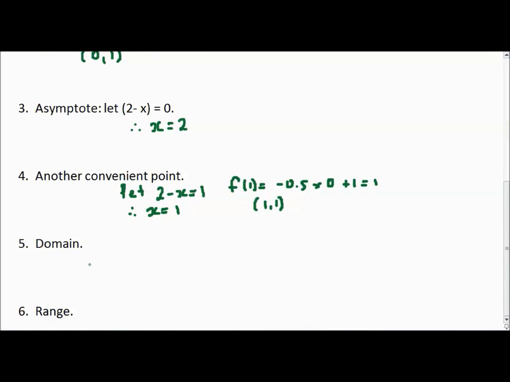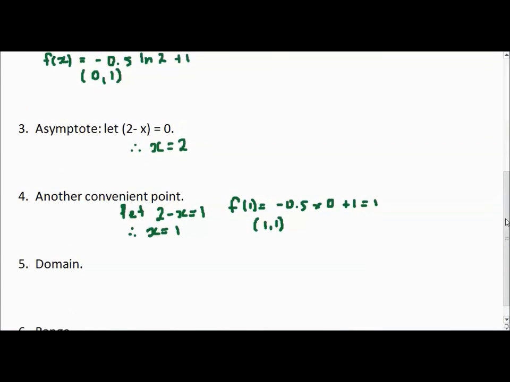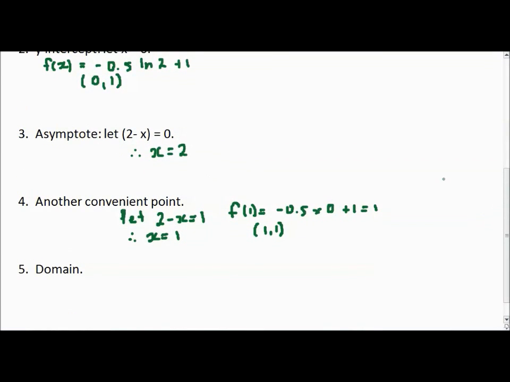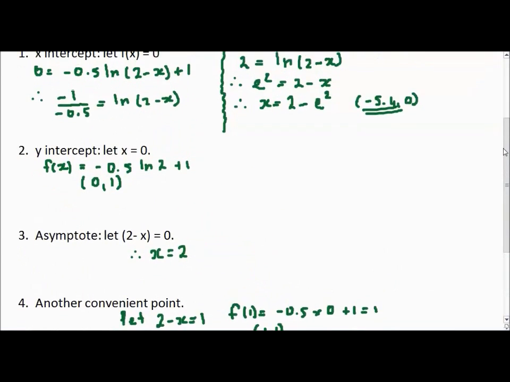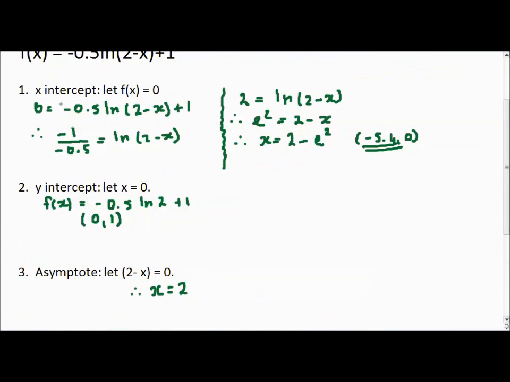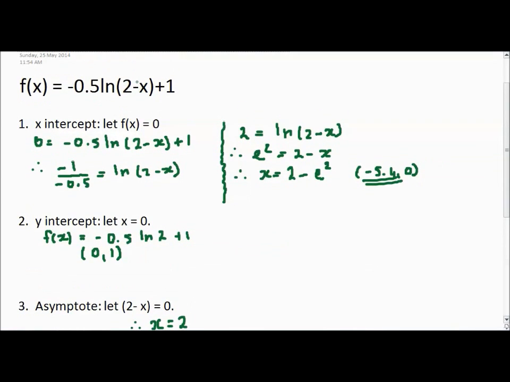Okay. Now the domain, well, what's helping us there is the asymptote. That's x equals 2, you can see that. So if we look at our function back here, we can see that x has got to be less than 2, doesn't it? As long as it's less than 2, we are going to have a positive value in here, so that's okay.